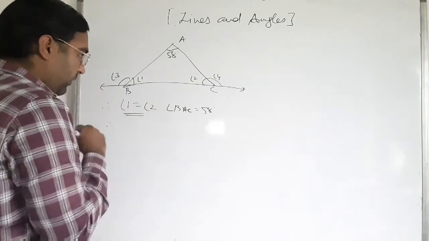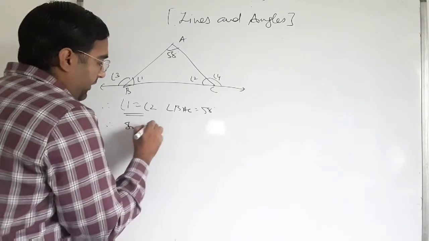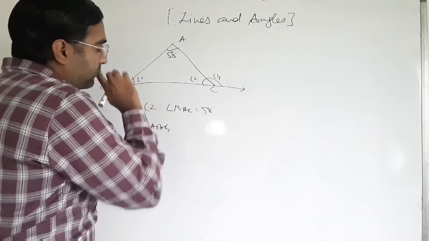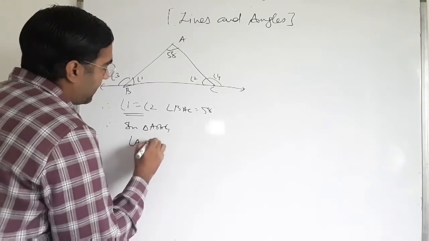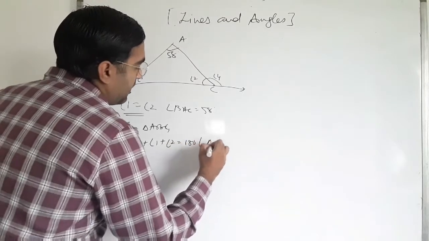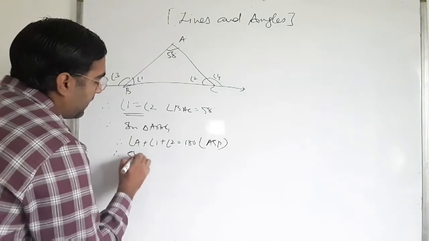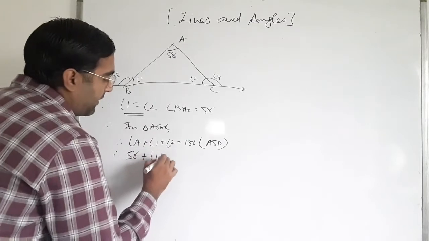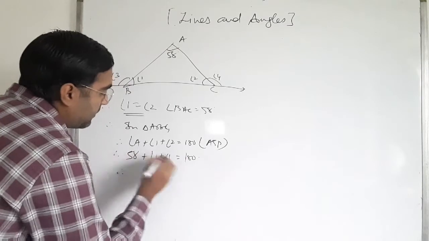So using the angle sum property in triangle ABC, angle A plus angle 1 plus angle 2 is equal to 180 degrees. Angle A is 58 degrees, and 1 and 2 are equal, so I write 1 plus 1. 58 is shifted to the second side.